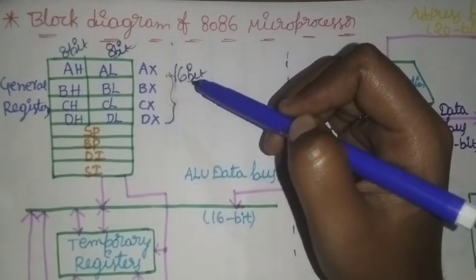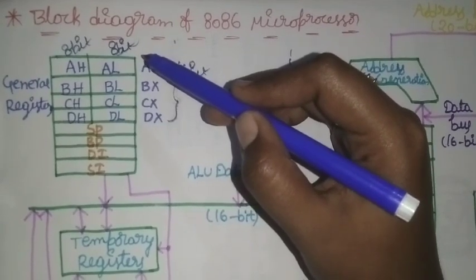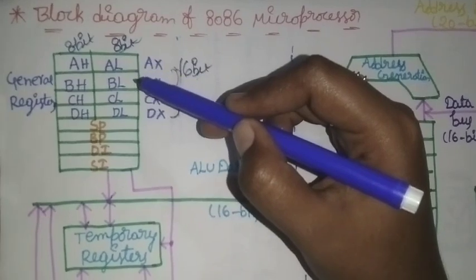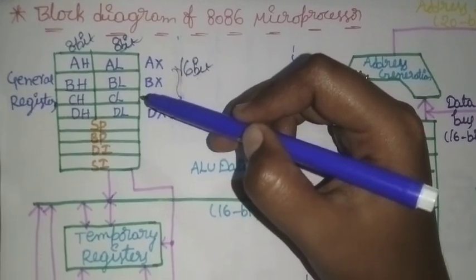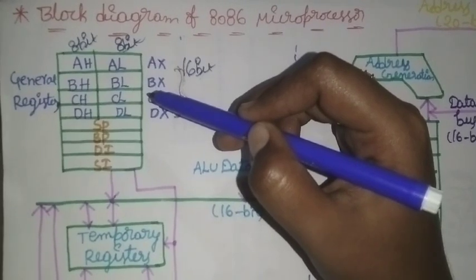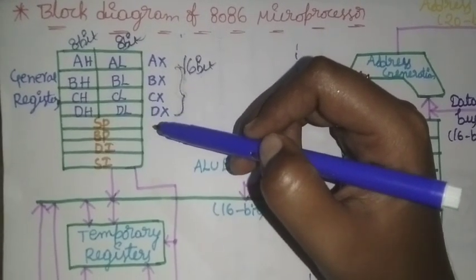Again, these 16-bit registers are divided into 2 8-bit registers: AH, AL, BH, BL, CH, CL, DH, DL. So in total, 8 general purpose registers and 4 special purpose registers.